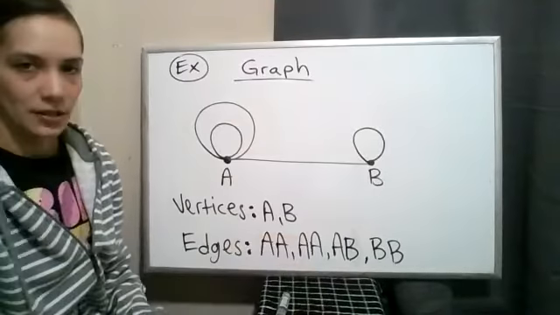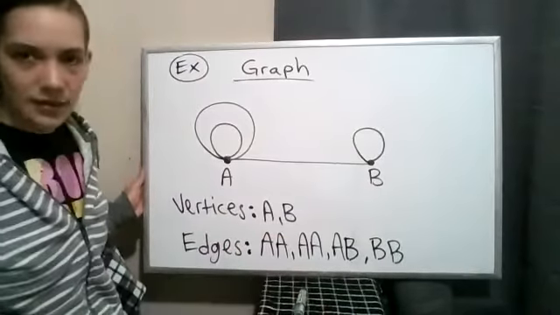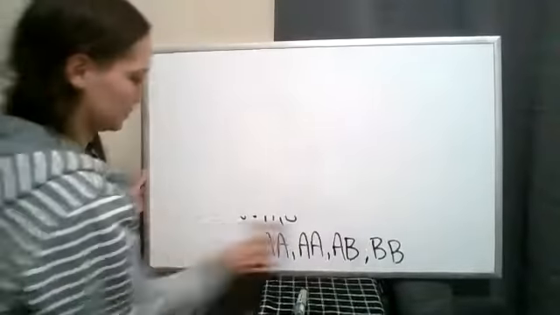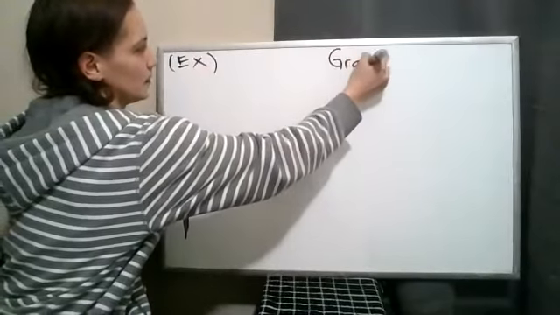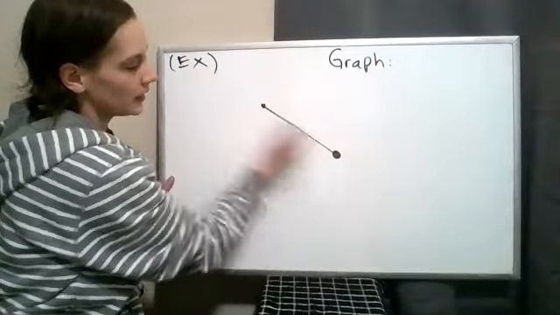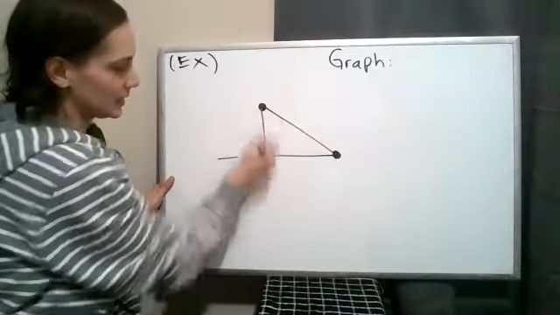Okay, the next graph is kind of big. Let's draw it on the side. It goes over here to here, like a big kind of X like this.